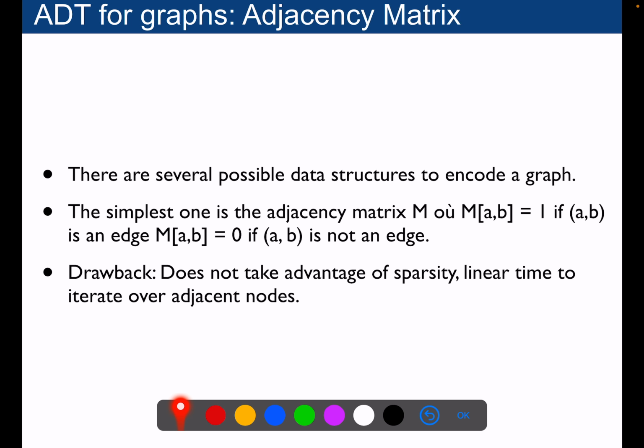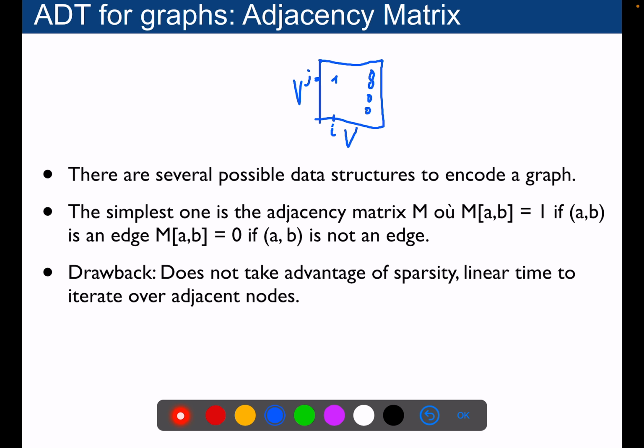So then, if you remember from your data structures course, how can you implement an abstract data type for graphs? The first possibility is the adjacency matrix. Right? The adjacency matrix is simply a Boolean matrix, which is a V by V matrix, and between the entry i and j, you put a 1 when there is an edge between i and j, and if there is none, you put 0.